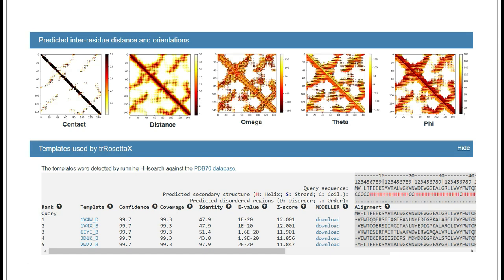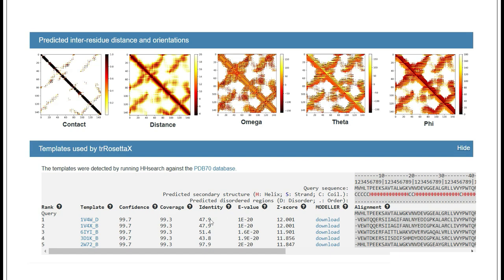Clicking on these IDs will take you to the Protein Data Bank entry for that template. And then confidence. Confidence indicates how confident the algorithm is in selecting this template. A confidence of 99.7 means this is a highly reliable match. And then coverage. This refers to the fraction of the query sequence that aligns with the template. Higher coverage means a larger portion of the sequence matches the template structure.